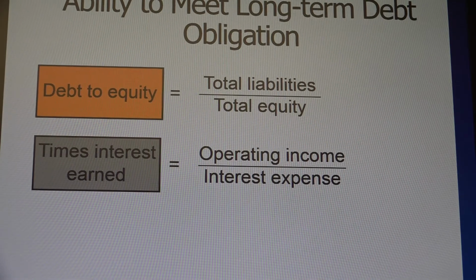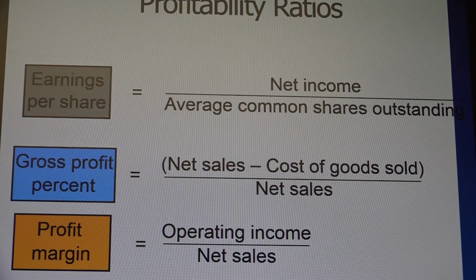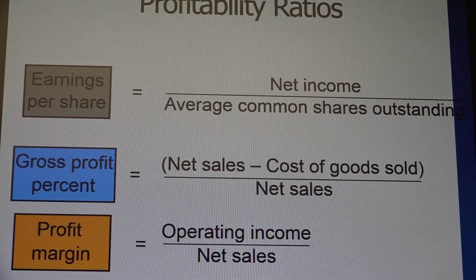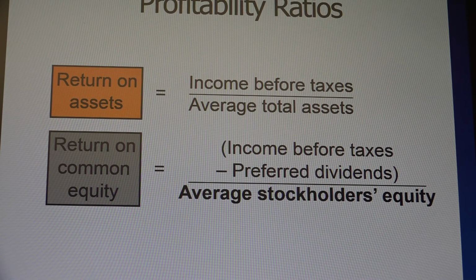Debt to equity and times interest earned are two common ratios used to determine the company's ability to meet their long-term debt obligations. And then profitability ratios include earnings per share, gross profit percentage, as well as profit margin. A couple others, return on assets and return on common equity.